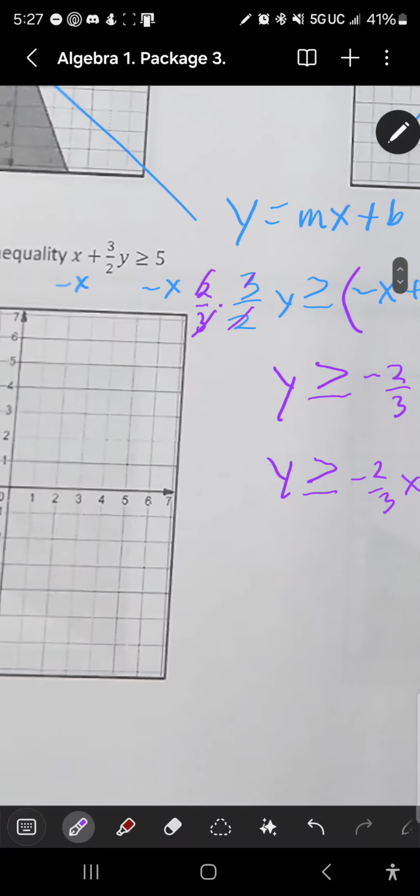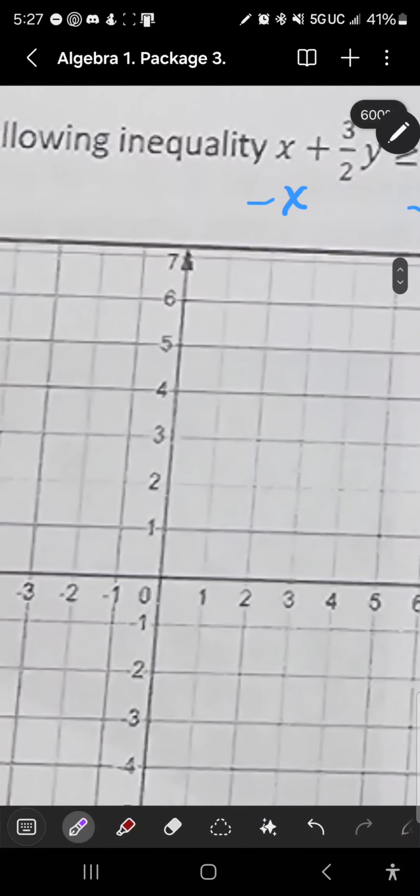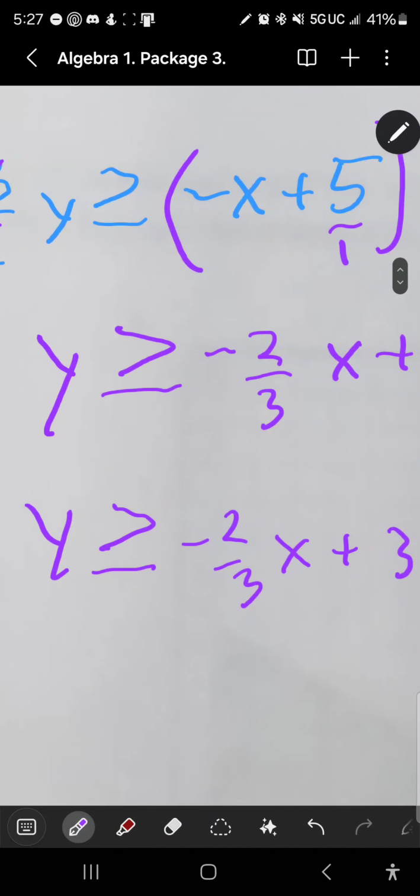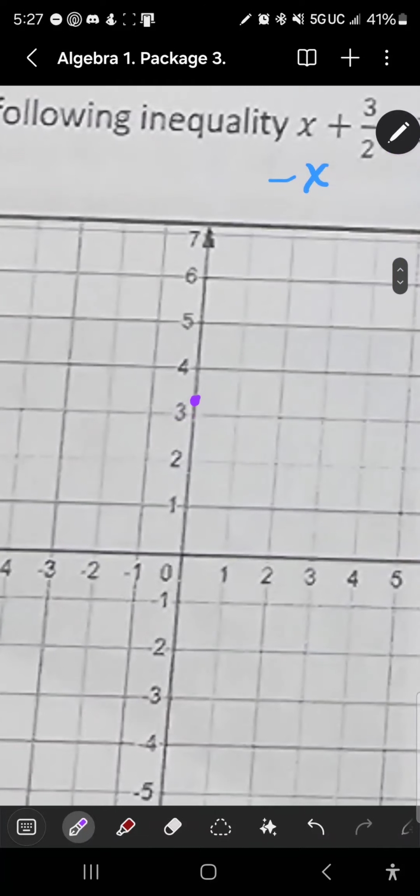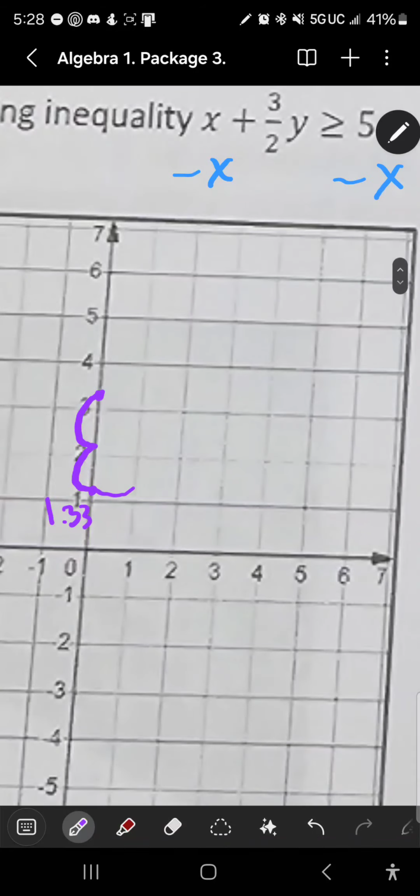So we go to our graph. We say, okay, 3.33 will be something right here, over here. We have our slope, which is negative 2/3. So we're going 2 down, 3 to the right. So it will be 1, 2. This right here is 1.33, and then 3 to the right, 1, 2, and 3.